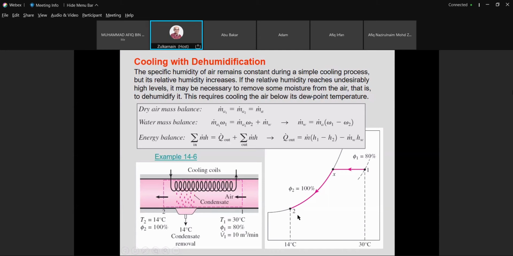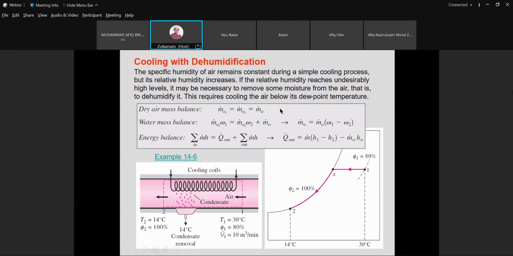Okay, the air is saturated with moisture, which represents 100%, right? So as far as the mass balance is concerned, this is the mass balance of air.